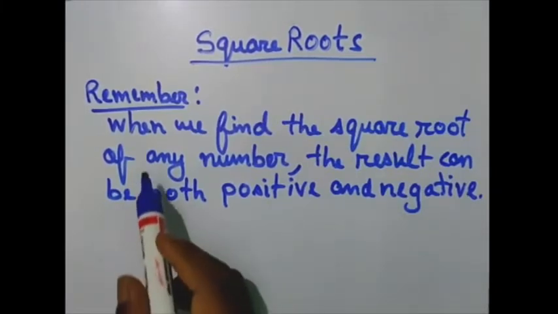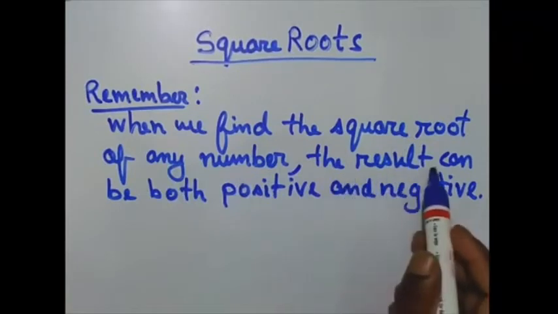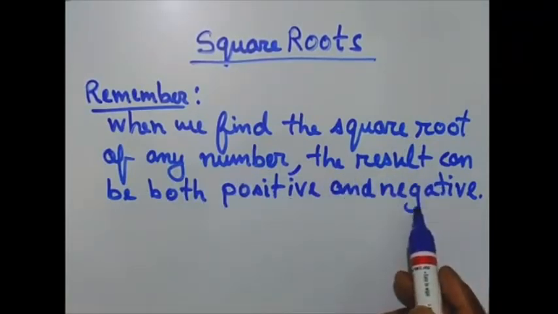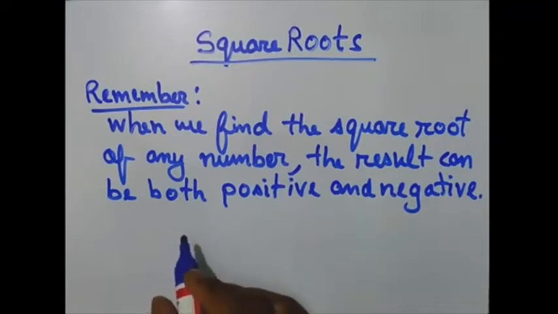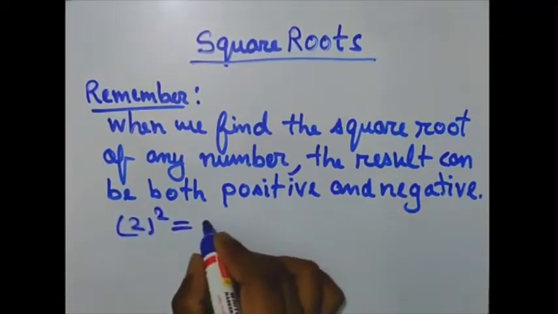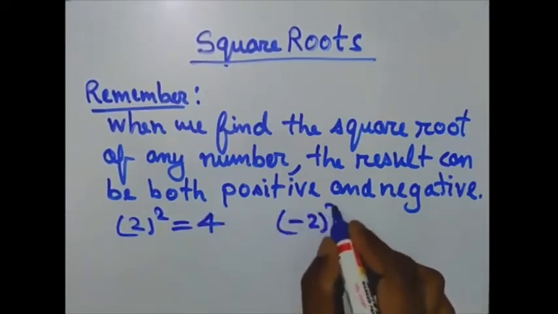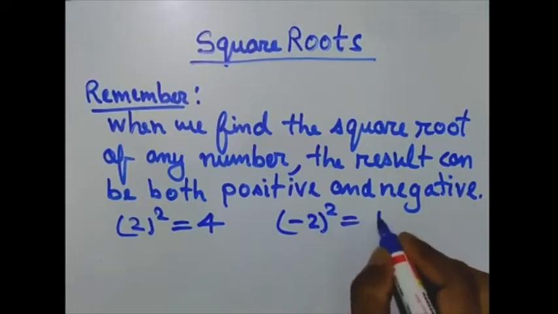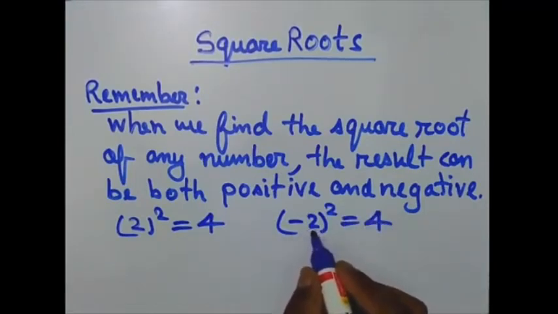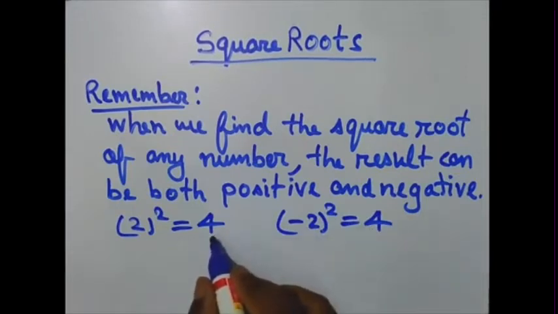Remember, when we find the square root of any number, the result can be both positive and negative. What do we mean by this? Let's look at an example. If we do the square of 2, we get 4. And if we do the square of negative 2, then also we get 4. We know that negative 2 into negative 2 gives you positive 4, and positive 2 into positive 2 gives you 4.